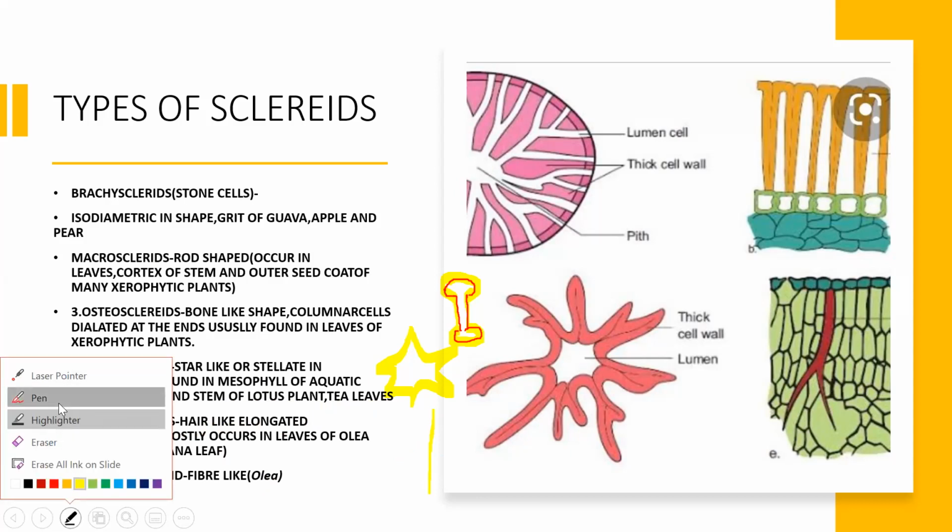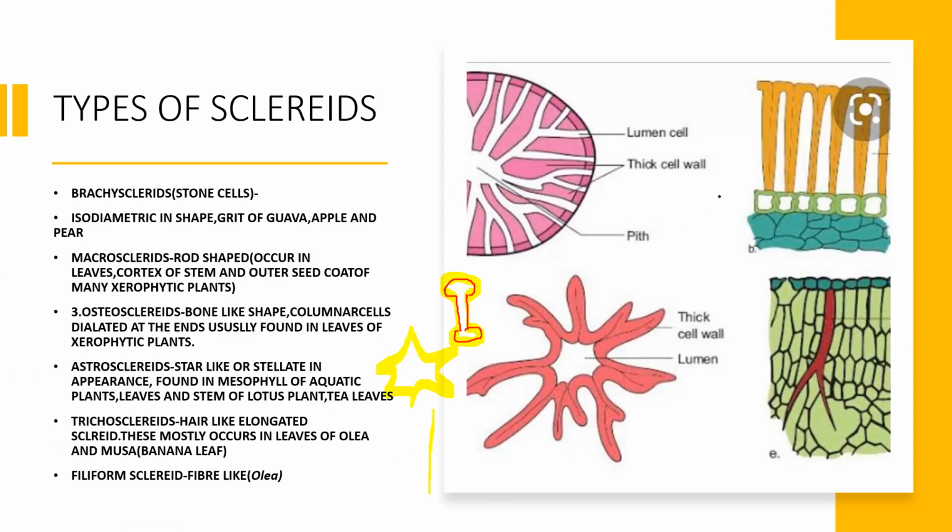Now I'll show you how to make the brachysclereid diagram. This is the shape of the brachysclereids. First, we can make the unthickened areas. Now this is the thickened area. This is the unthickened area.